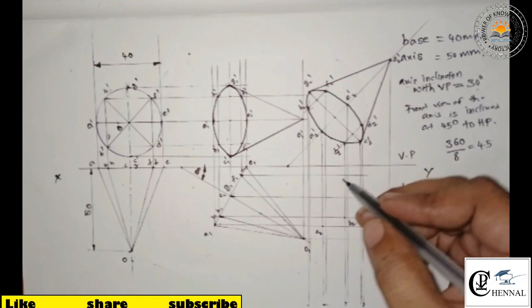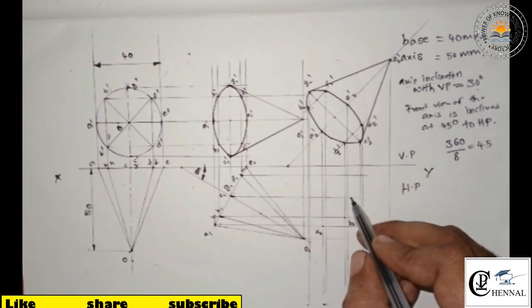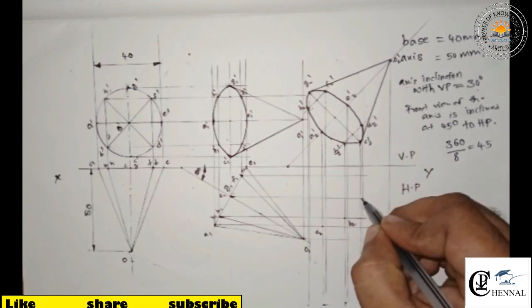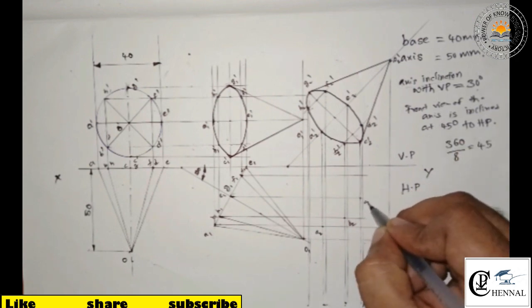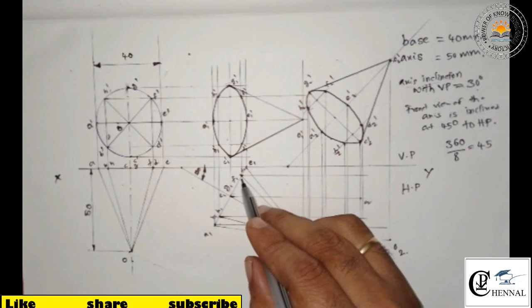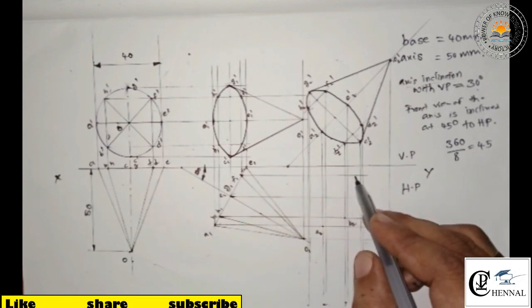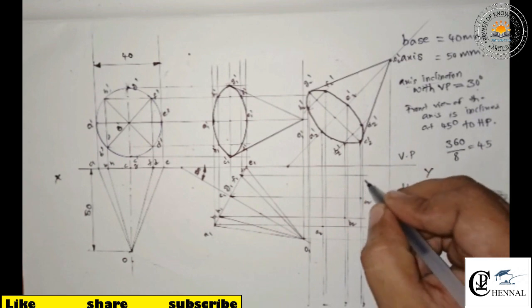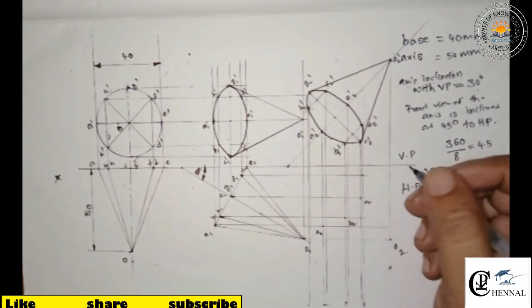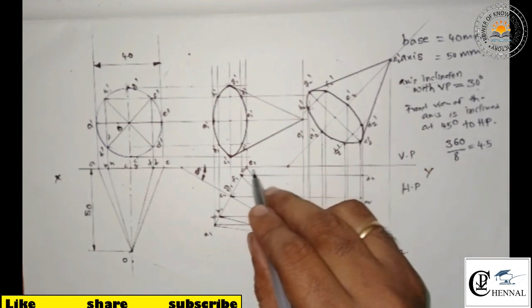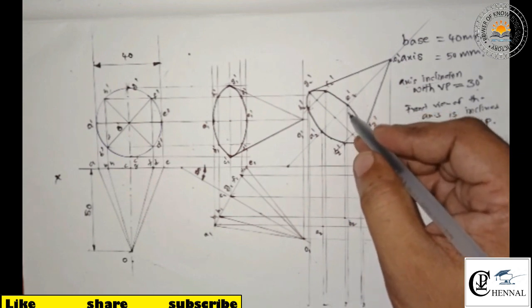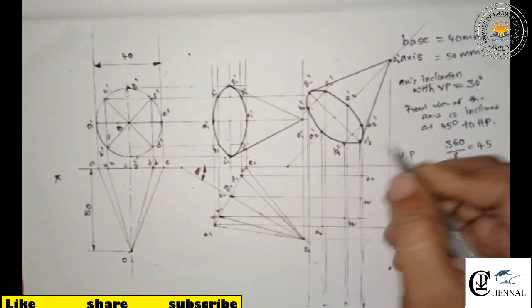Then the C1 G1 line, parallel line, and C1, the obtained point is C2, and the F1 D1 line, and this is the D1 line, this is D2, and the E1 dash line and E2 dash perpendicular line, this is E2.